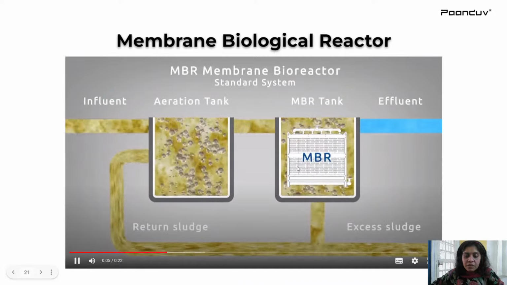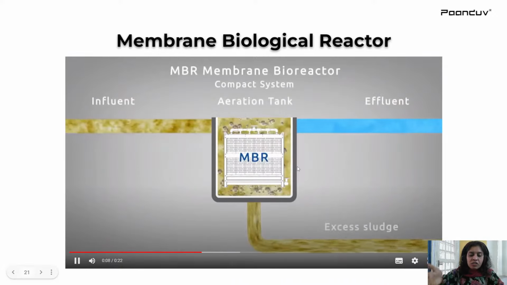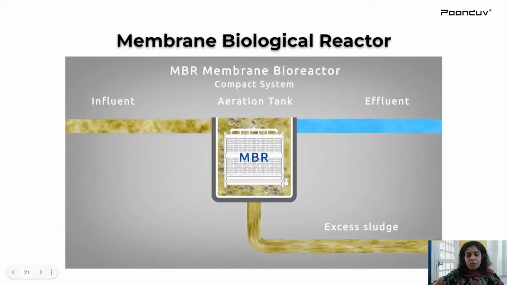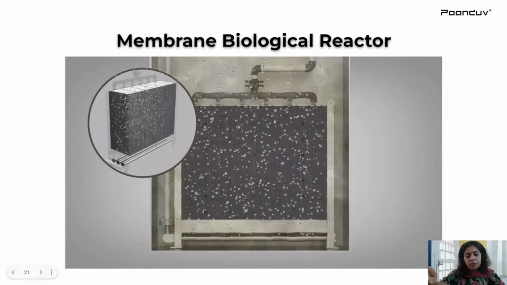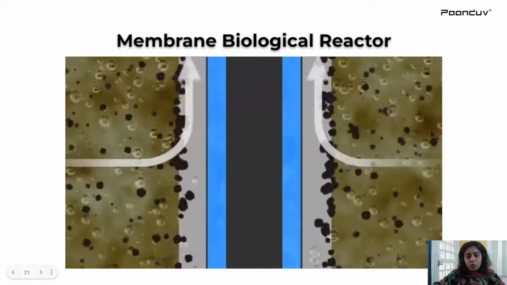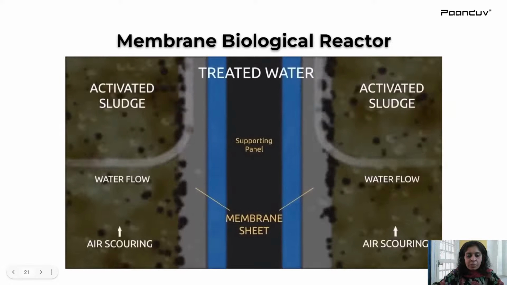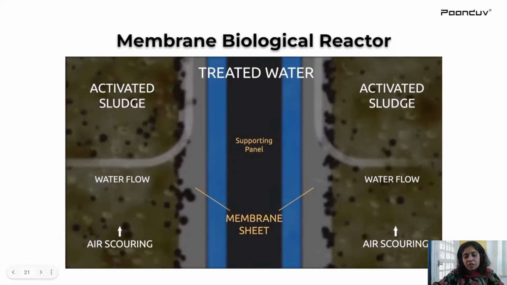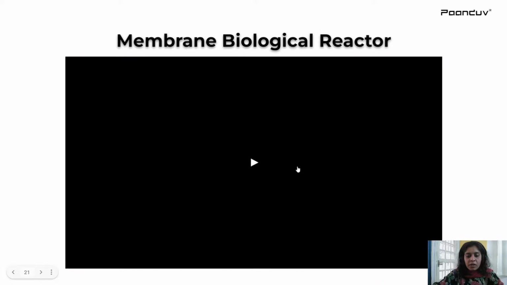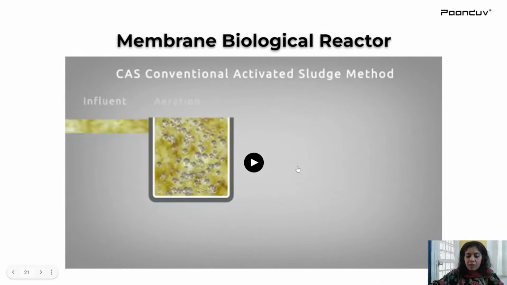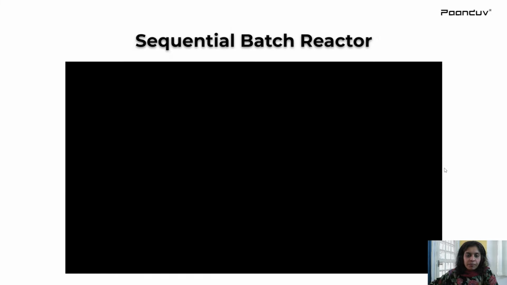This reactor has different sheets of membranes from where the water and oxygen will come through. Due to the continuous upward flow, the fouling is also very limited here, and it will remove the solids from the water, and finally the sludge is eliminated, and you have your cleaner water which is ready for reuse.